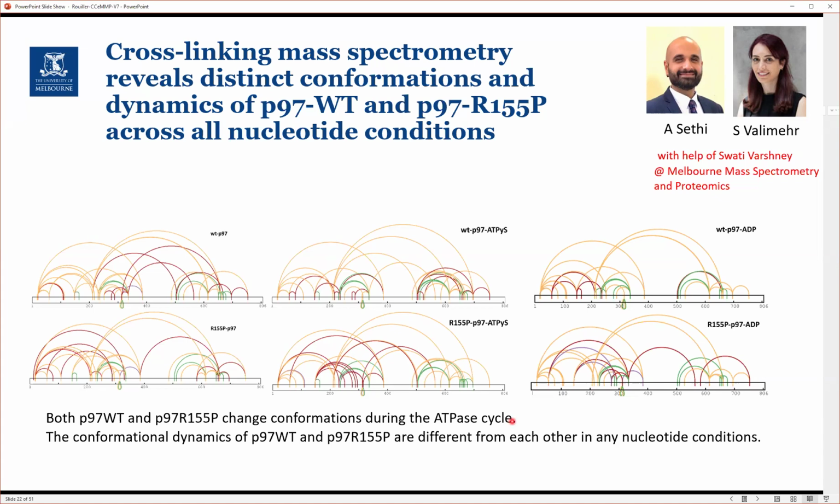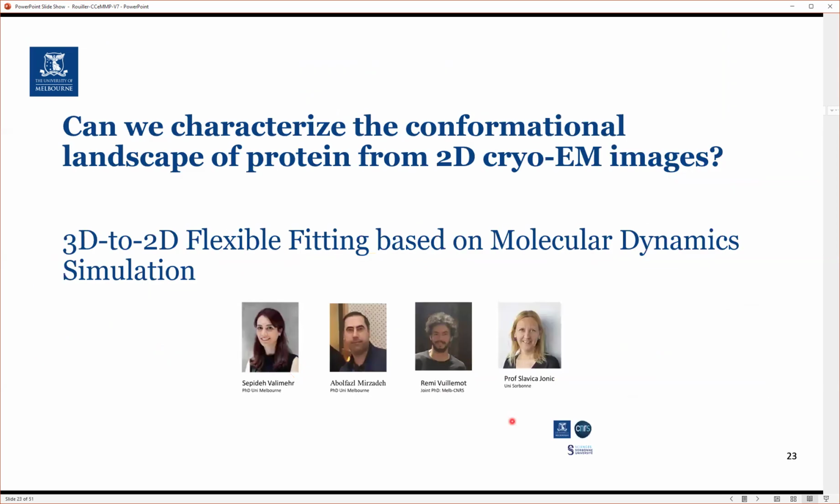So this is great. It shows that we have conformational heterogeneity, which we suspected because we could not see all the density in our 3D EM map. But somehow it was not fully satisfying because we're not able to understand the range of conformations.